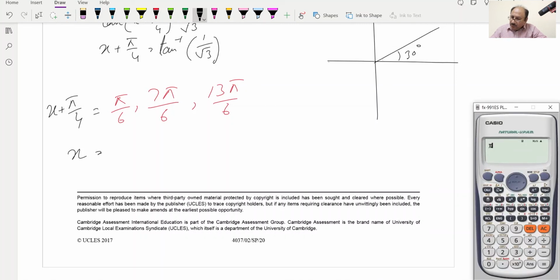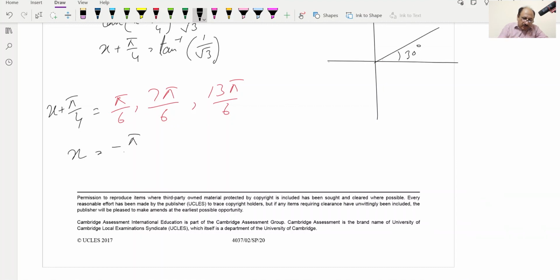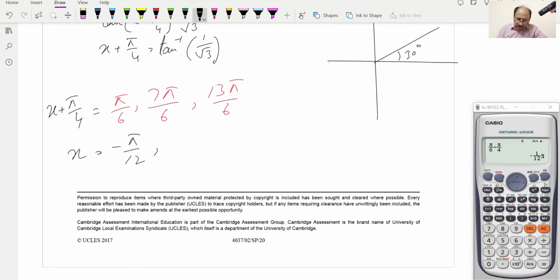So pi over 6 minus pi over 4 is equal to minus pi by 12.